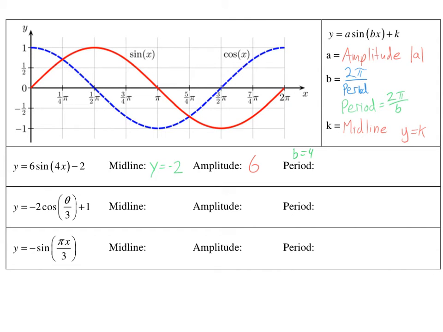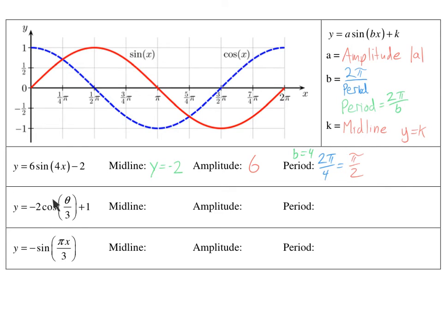When I reduce that, I get pi over 2. So my period is pi over 2. The period is always the most annoying because it's not just B, it's 2 pi divided by B.